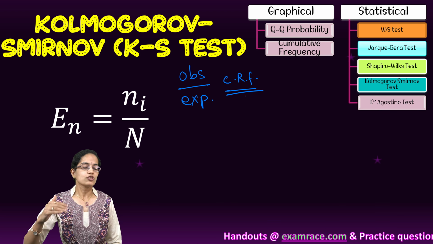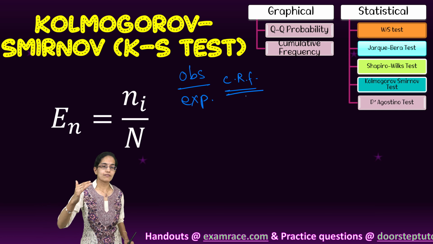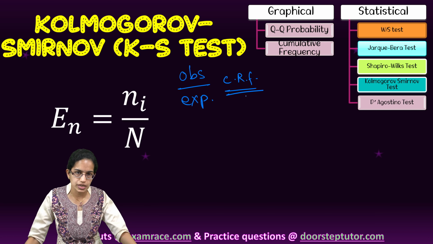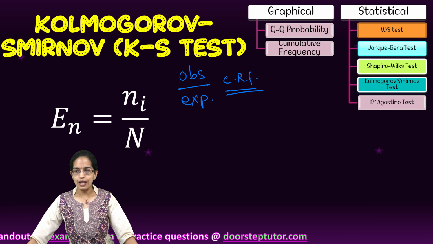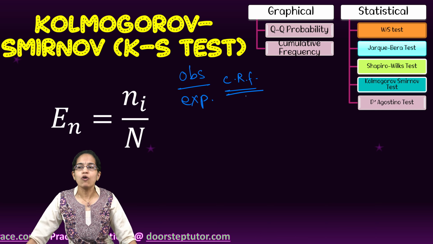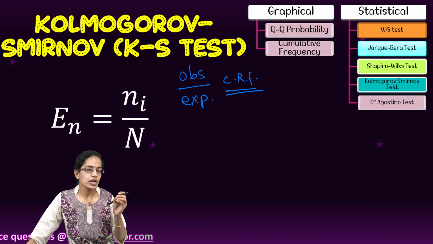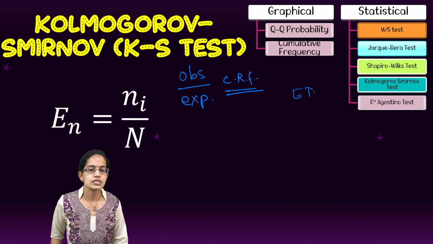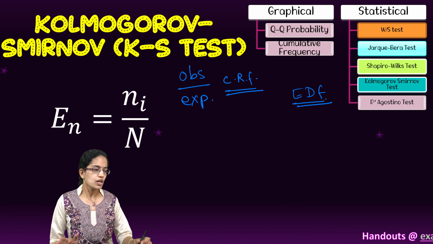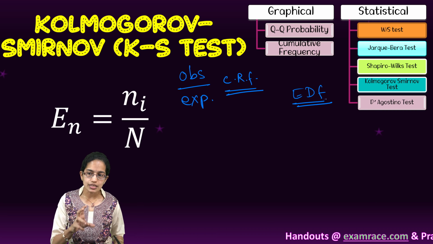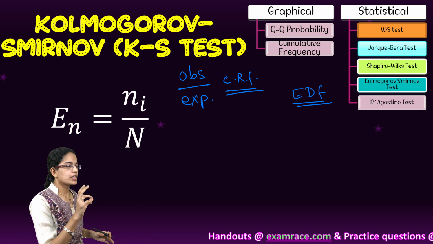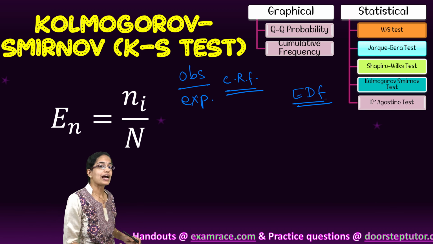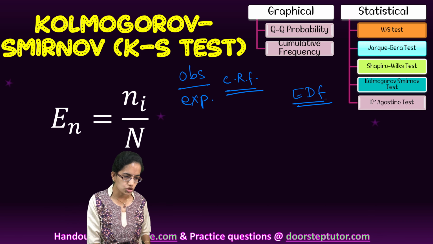So observed cumulative relative frequencies to the expected cumulative relative frequencies are calculated with the help of the Kolmogorov-Smirnov test, and this is based on the EDF, the empirical distribution function. It is very important to note that it applies to a continuous distribution.